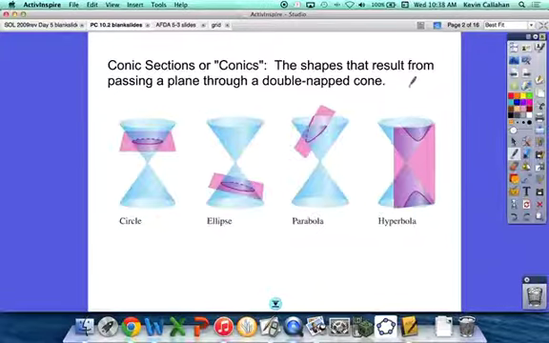If you do something like that, you've got one piece there and one piece there, and that is a hyperbola. So you've actually seen that before. This is taken right from the book.